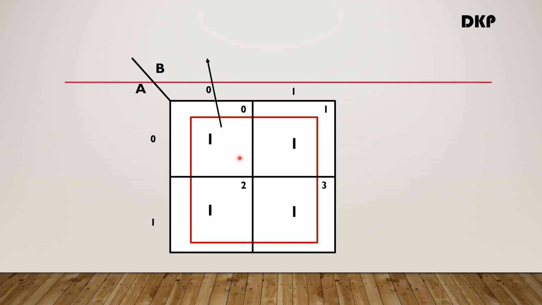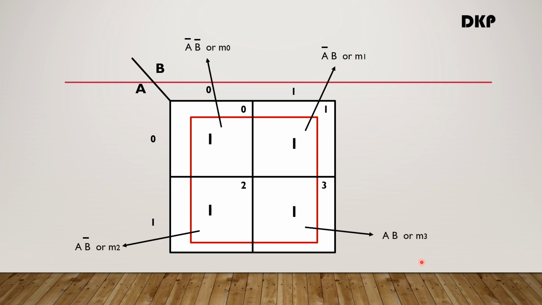Here this first cell is called A bar B bar, or M0. Second cell is called A bar B, or M1. Third cell is called A B bar, or M2. And the fourth cell is called AB, or M3. So here you can notice that when you see the variables, they differ. The first variable is constant here, A bar is constant, B bar changes to B. Therefore, when we see these two ones, we can eliminate one variable here and retain A bar.